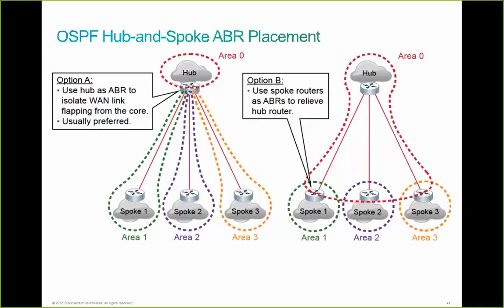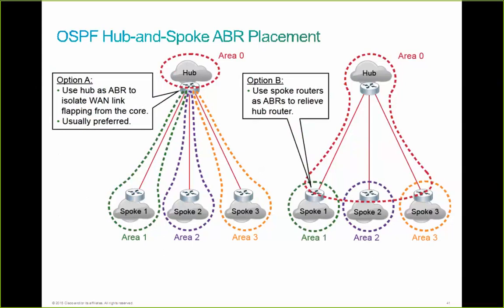Now, because this core router is the hub, as well as the ABR for all of the other areas, we may need to have a higher-end router here because we're servicing multiple areas, our databases are much more significant, and so on.